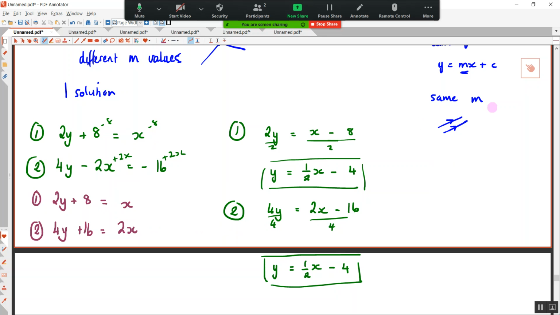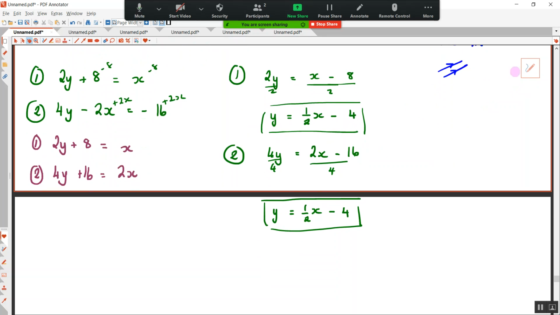Right, and what you'll then notice is that number 2, this one here, is 2 lots of 2y plus 8 is equal to x. You see that? 2 lots of 2y is 4y, 2 lots of 8 is 16, 2 lots of x is 2x. All right?